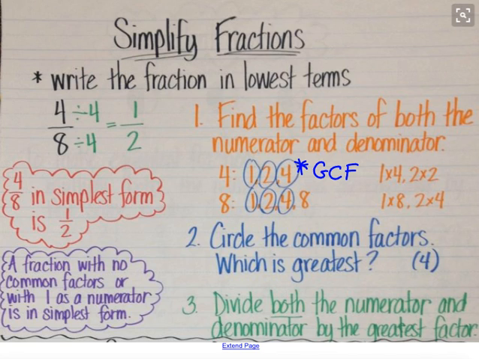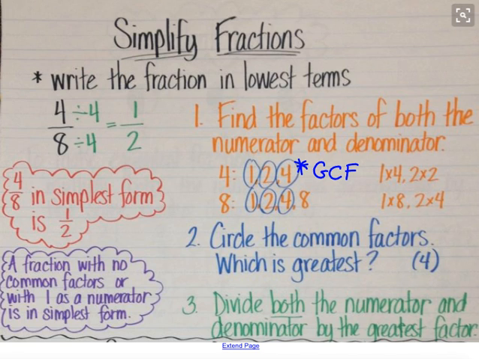Then we divide both the numerator and the denominator by the greatest common factor, okay? So we take 4/8, divide the numerator by 4, divide the denominator by 4, and we get 1/2. So 4/8 in simplest form is 1/2, okay?